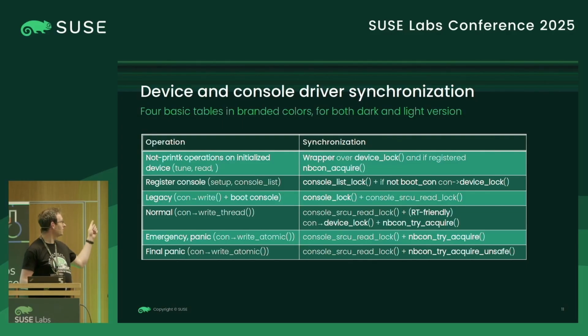Then there is still the legacy code, because at the moment there are just two console drivers that are converted and support the new console lock. And the rest is still using the original approach, and everything is synchronized by the console lock, and everything is as it used to be.